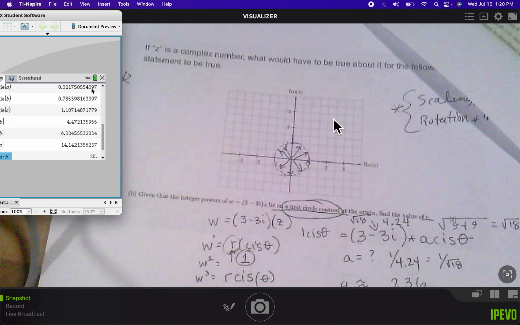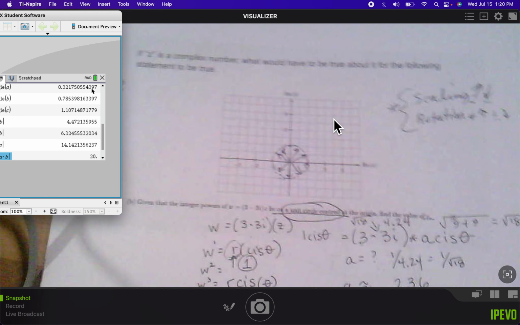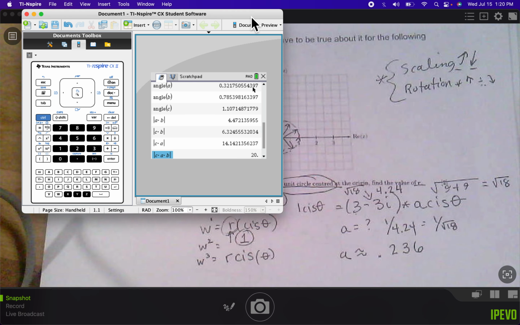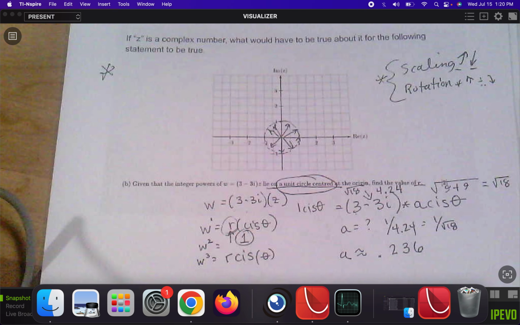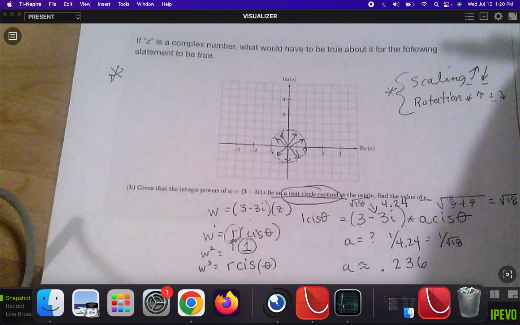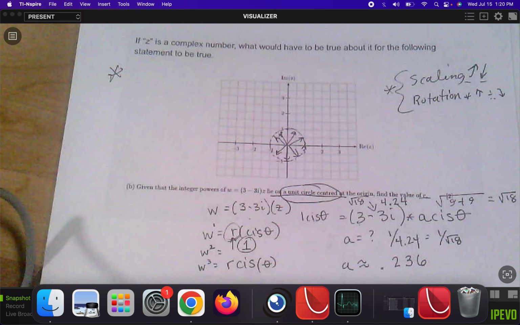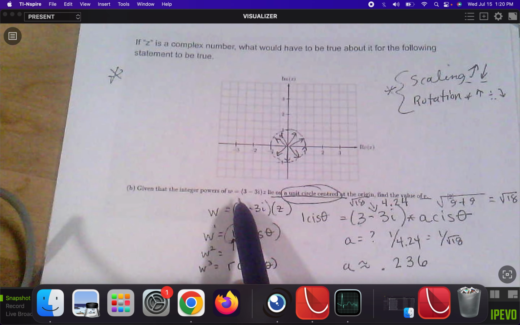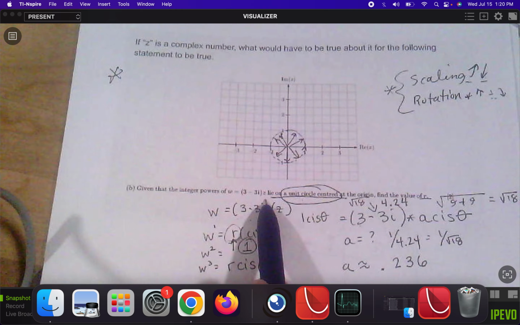This is a really common style question you're going to see on your unit packet, as well as in mini IB style questions, which is the idea that you have two complex numbers multiplying together.